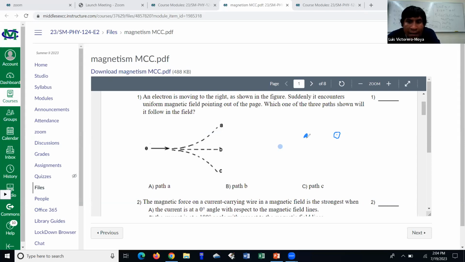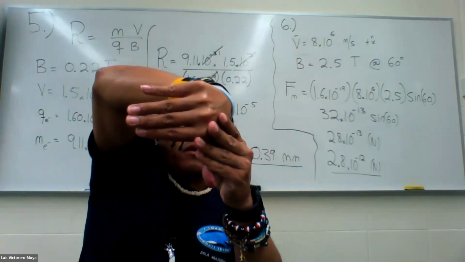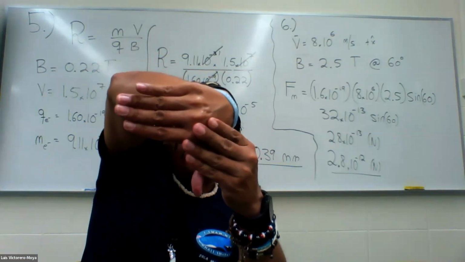And the electron, which is a negative charge, is moving from left to right, like that. So the right-hand rule states that your four fingers are going to go towards the right, and you're going to be pointing your fingers like that. Why? Because the field is going out of the page. So you put your hand like this.